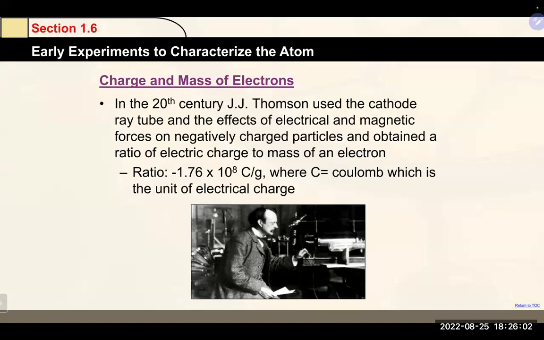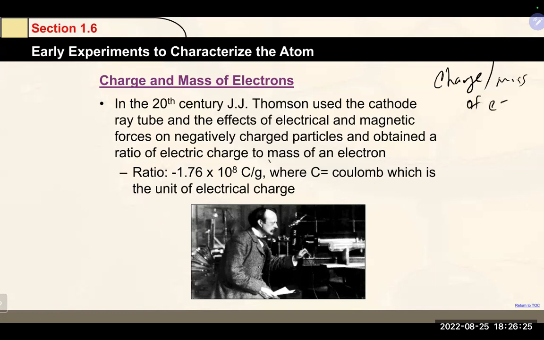But what really came out of his experiments, if we get back to chemistry for a bit here, was that Thomson was able to figure out the charge to mass of an electron. That's the important thing that came out of his experiment.